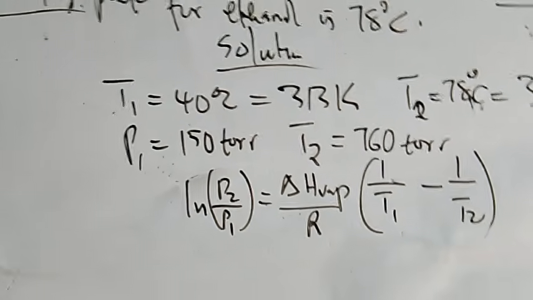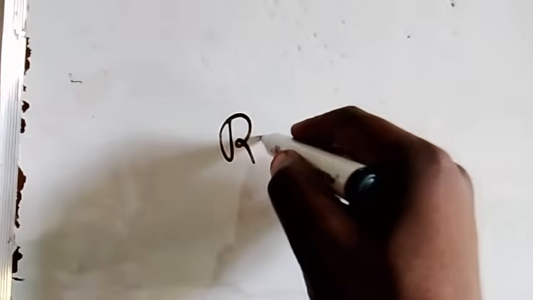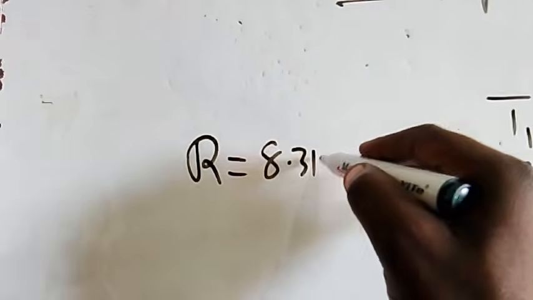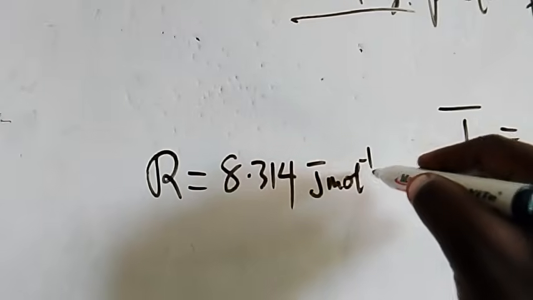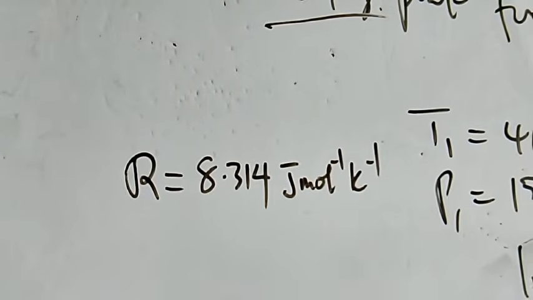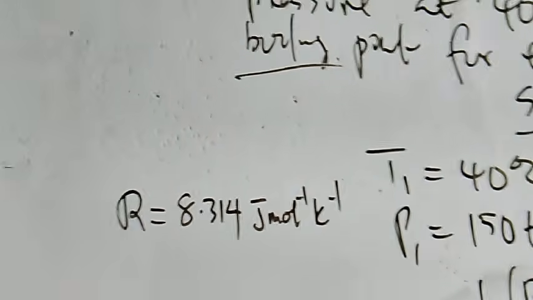R is the gas constant, 8.314 joules per mole per Kelvin.